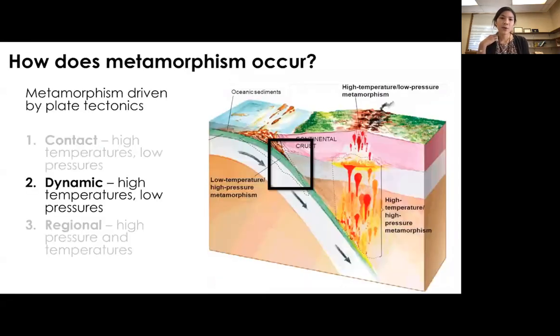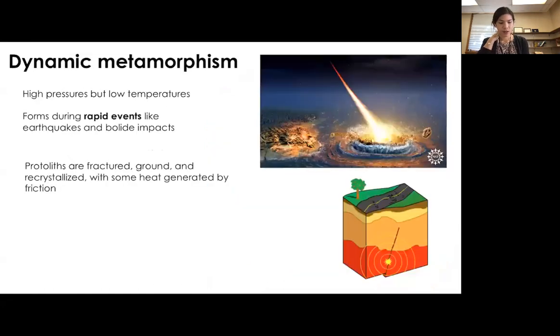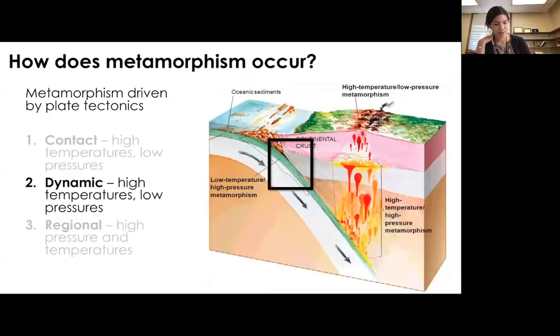All right, so the next metamorphic type is dynamic metamorphism. This one is also going to contain high pressures and low temperatures, sorry, we were backwards there, so let's fix that.